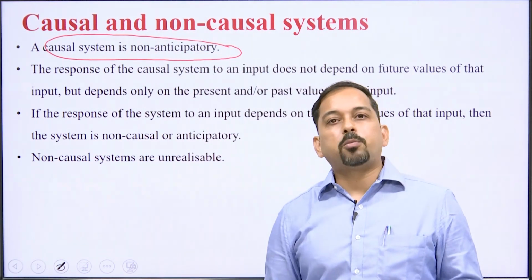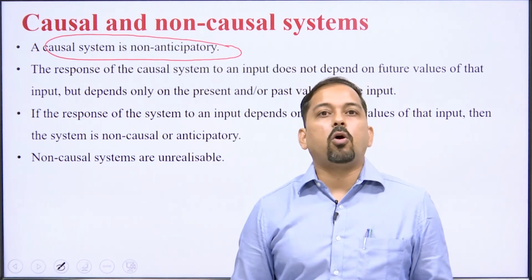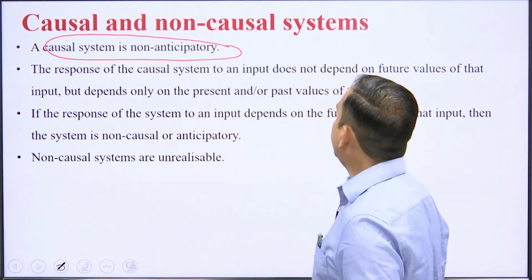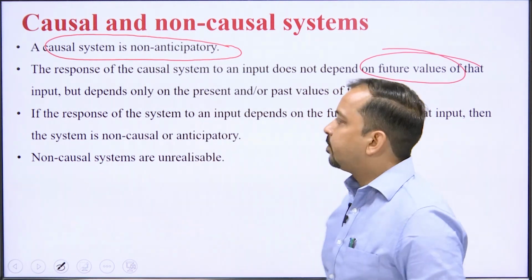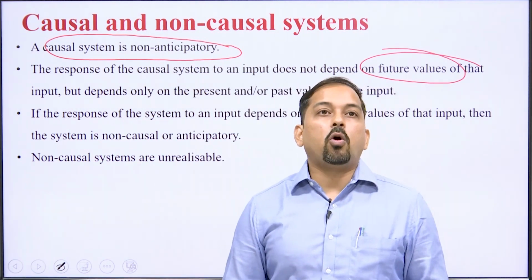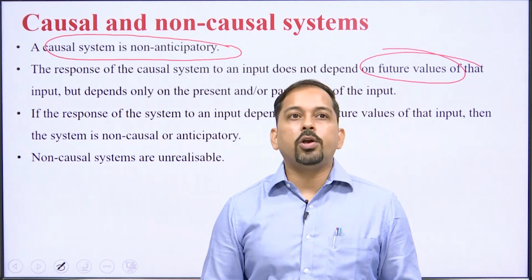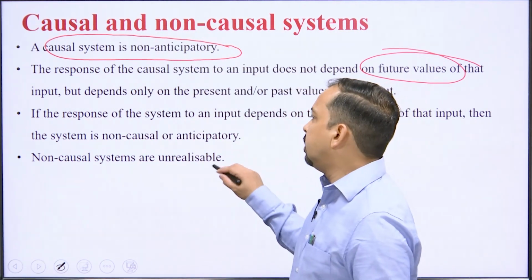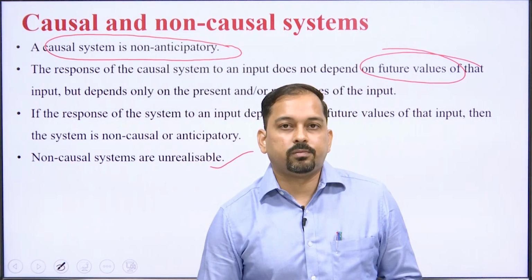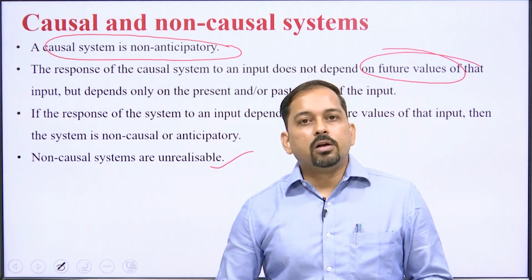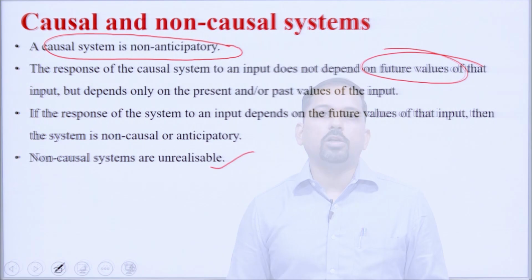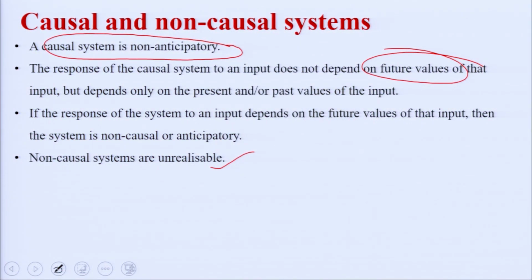Whereas, if the output also depends upon the future value, then those types of systems are called non-causal systems, and non-causal systems are physically non-realizable. Throughout the signal processing subject we are mostly going to see the causal systems, because they are physically realizable, meaning we can represent those systems with the help of some filters also.